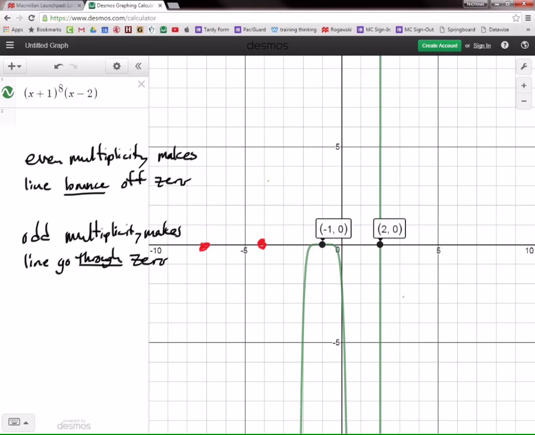But if we have a higher odd multiplicity like 3, 5, or 7, then when it goes through the 0 it does a little squiggly, kind of like that. I always think about the x cubed graph. Whenever it goes through the 0, it doesn't go straight through like that. It kind of does an S turn.